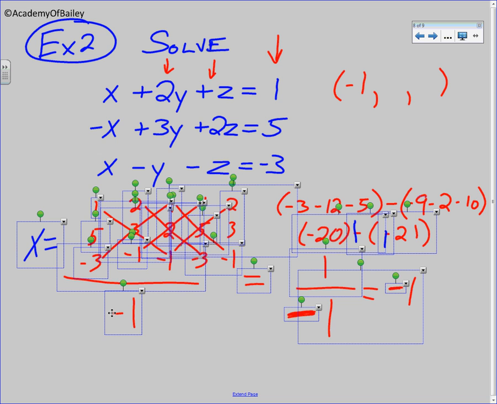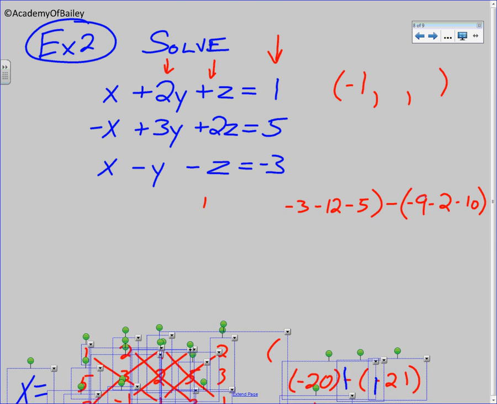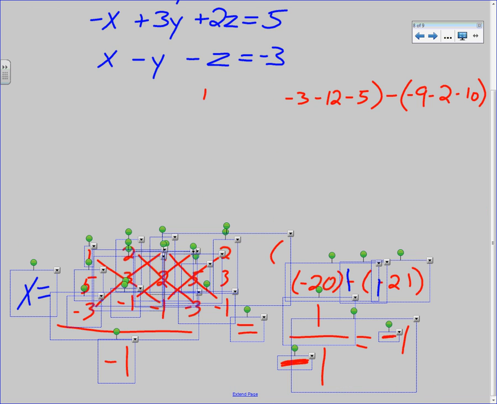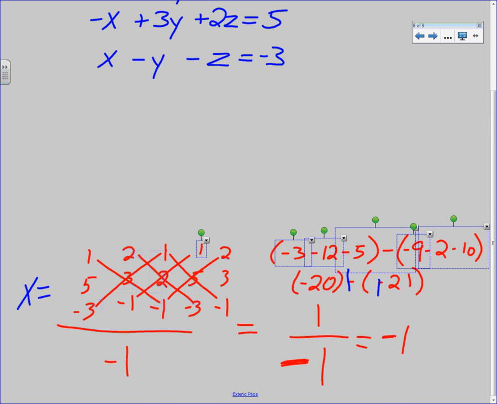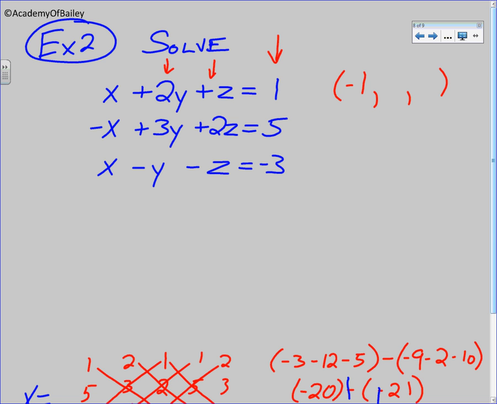And we need to find y. Now let's calculate y. Calculating y. So we know 1, 5, and negative 3 go in for the y coefficients.